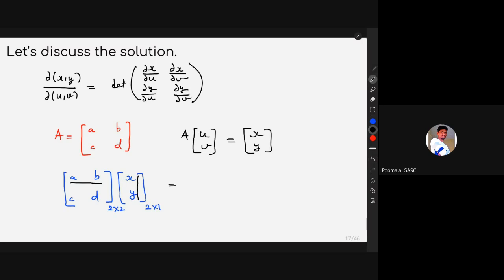So we will get a times u plus b times v. The second entry of the resultant column vector will be c times u plus d times v.